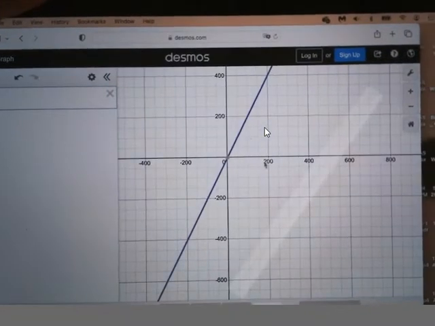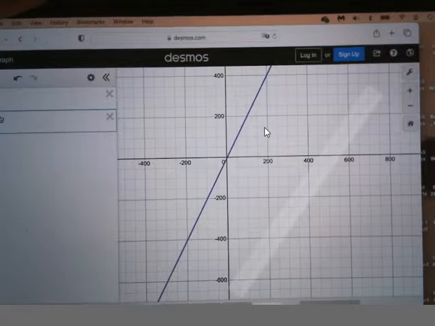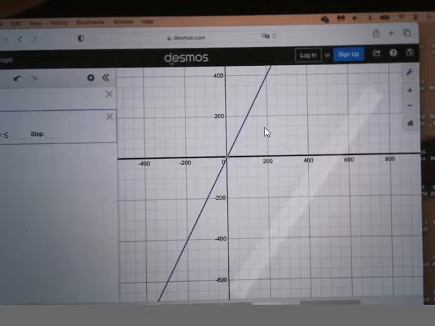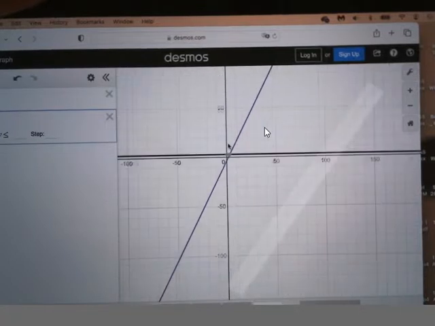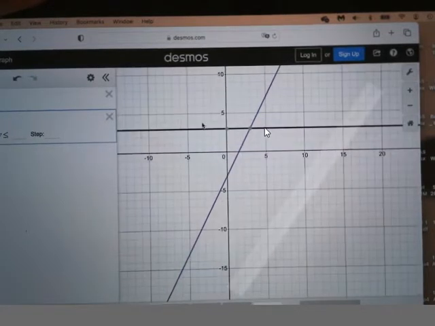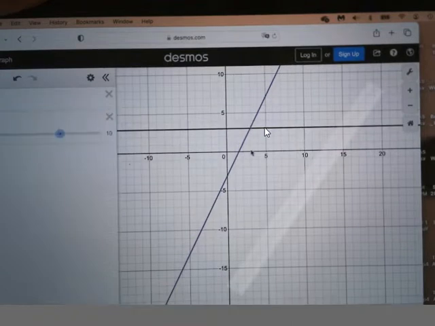And I want to know what gives me 3. So then I would go down here and go y equals 3. And I'll need to zoom in. And there's the 3. And here's the line. And it looks like 3 gives me 3.